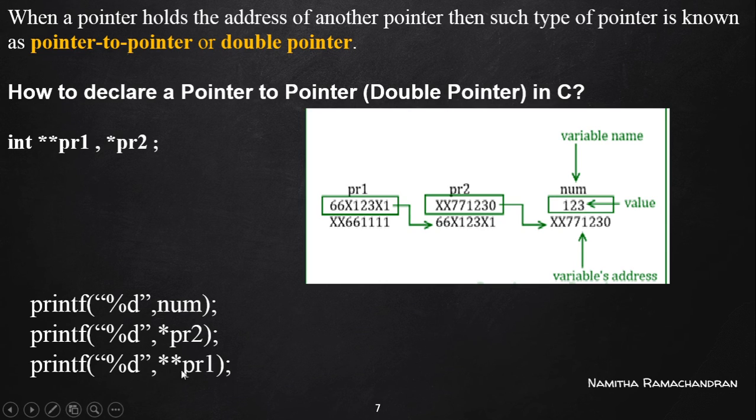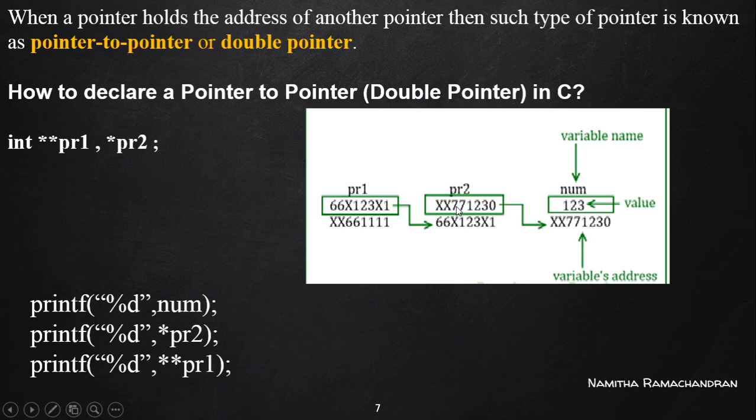Then what does star PR1 mean? Star PR1 means we need to identify the address value stored here in PR1. That is this one, the address of another pointer. Again, we need to find the value present at that address location, that is, PR1 pointing to the address of another pointer PR2.